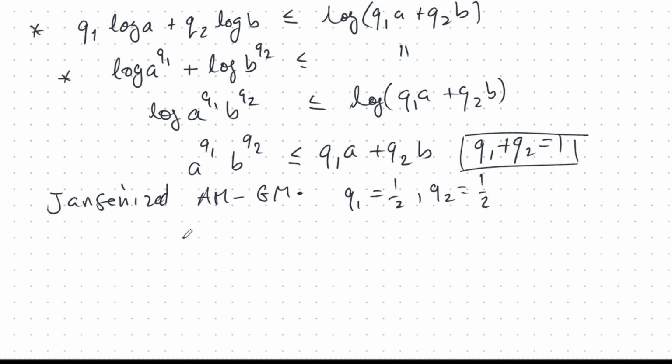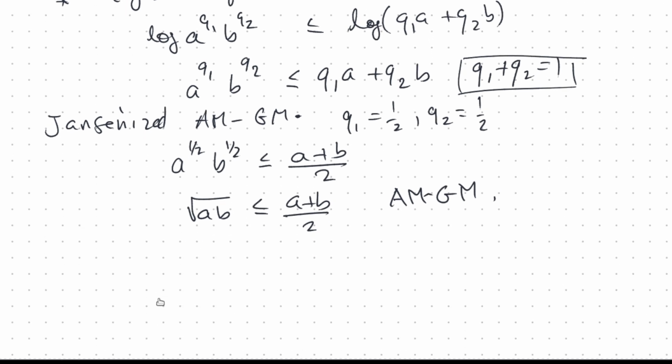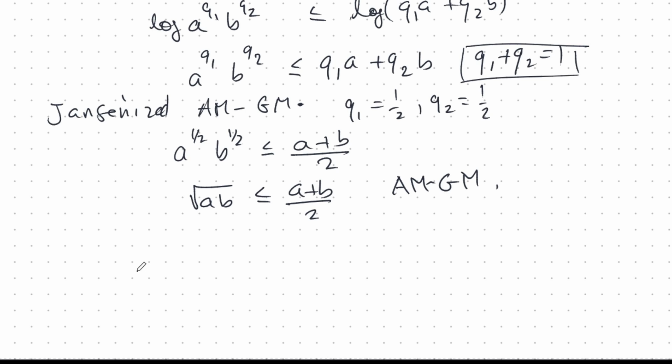And if I do that, I get a^(1/2) b^(1/2) less than or equal to (a+b)/2. And this is root ab. I'm sure you know this. And this is MGM. It's beautiful how we get MGM as a consequence of Jensen's inequality.